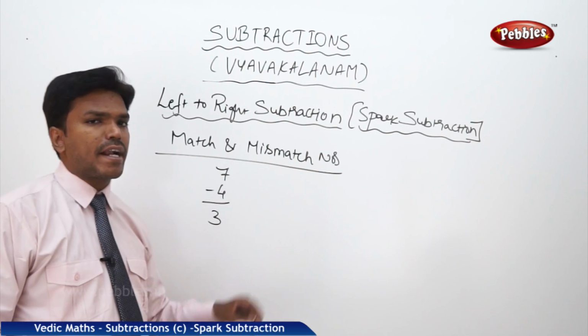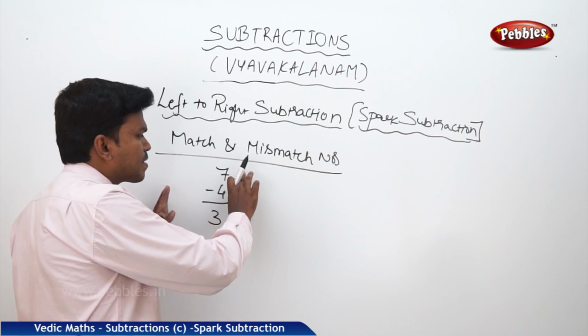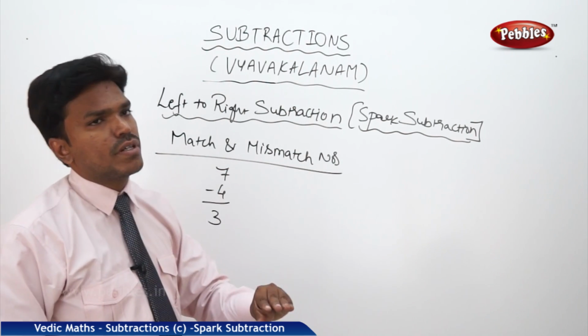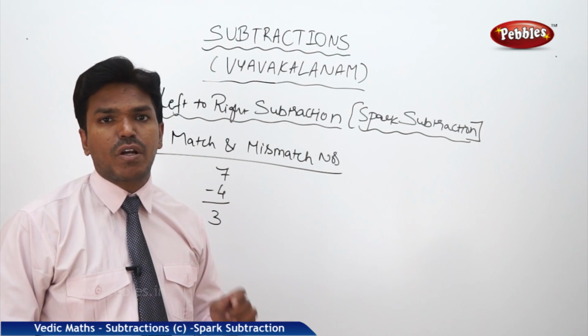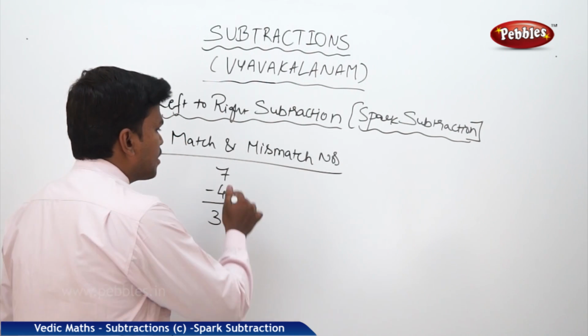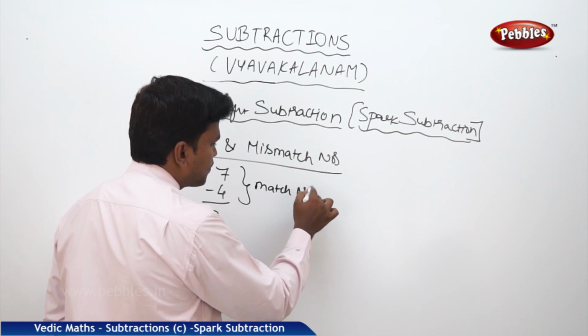When the subtraction is practically possible, we call these numbers, 7 and 4, match numbers. Whenever the subtraction is possible, we call the numbers match numbers.